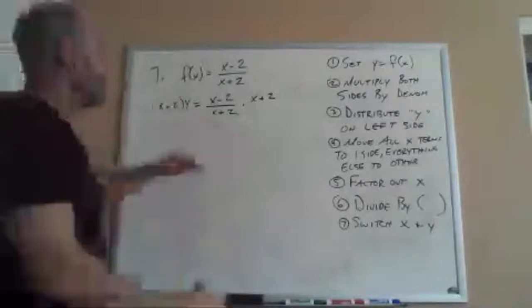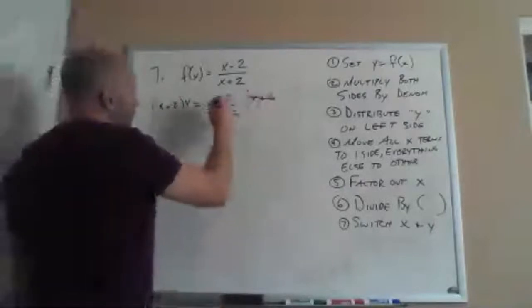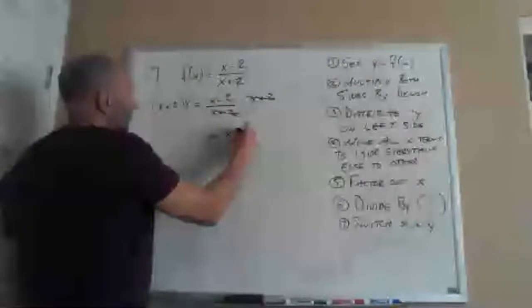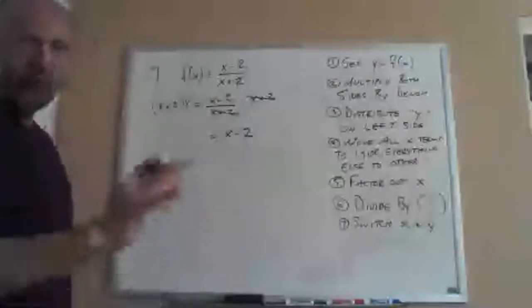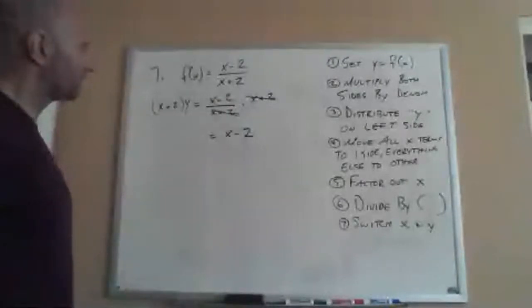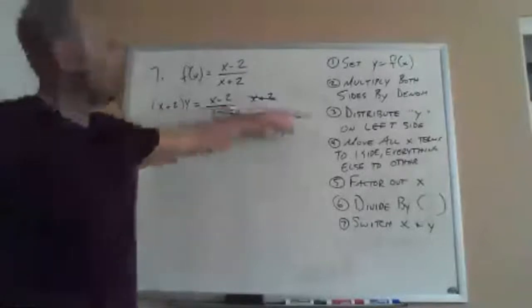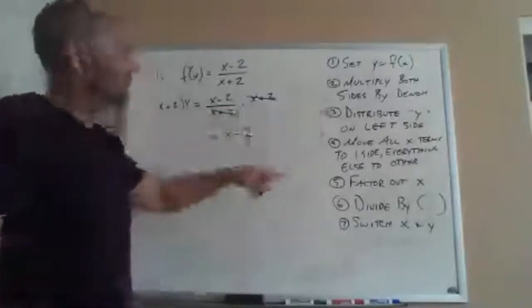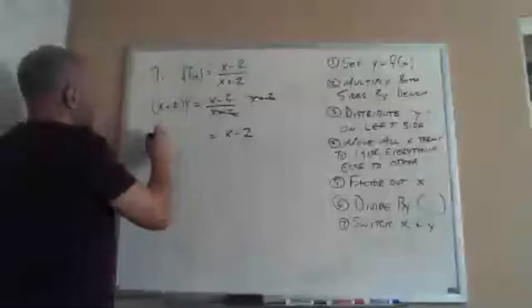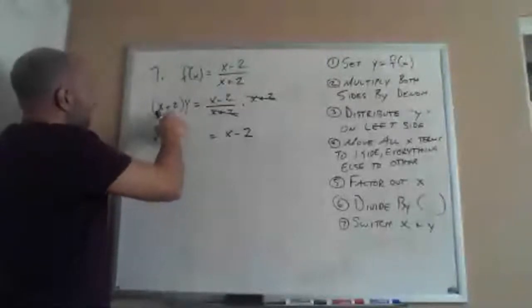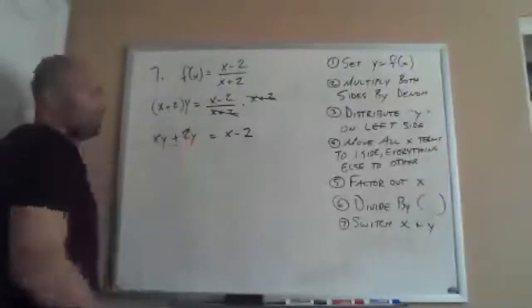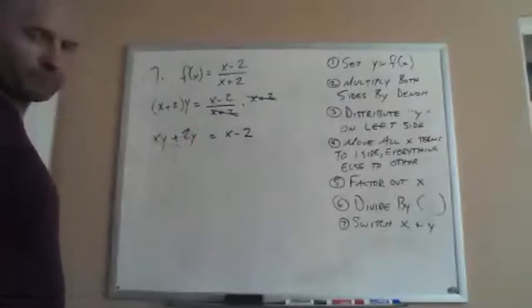So when I do that on the right, they cancel out. So all I'm left with now is x minus 2 on the right side. On the left side, step number 3, distribute the y. So I have y times x is xy, and y times 2 is plus 2y.